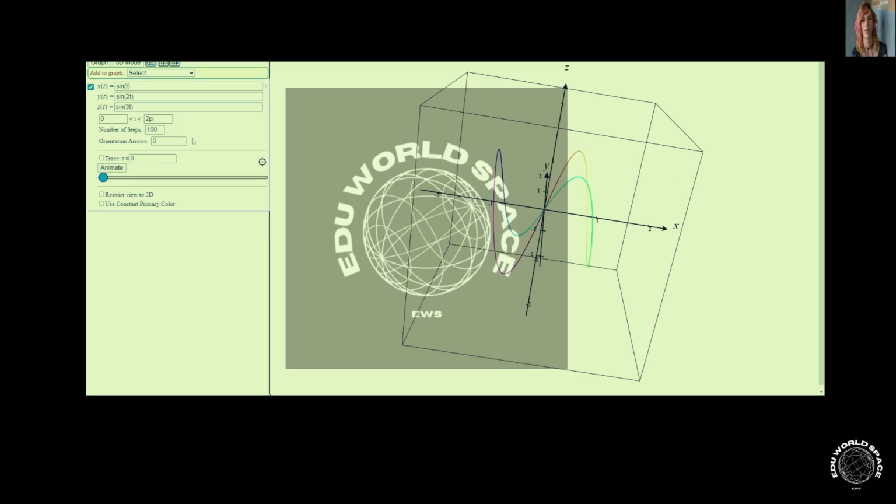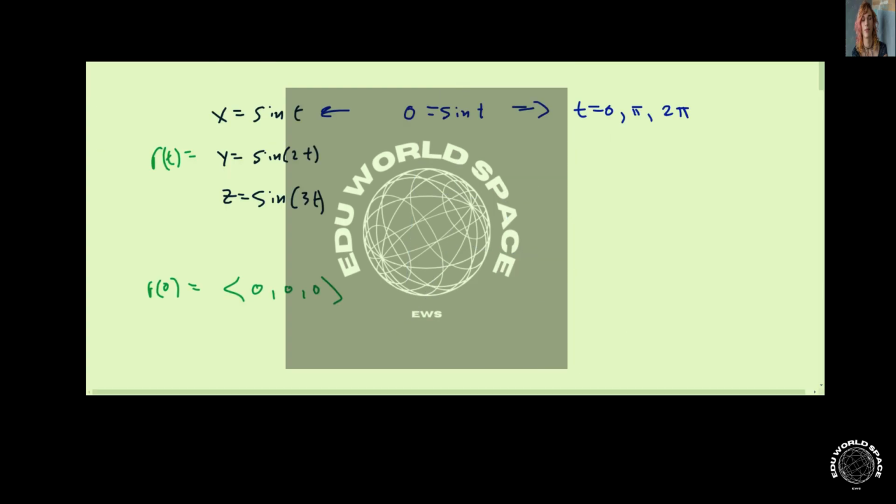So we have that. This means when we're integrating, because remember our arc length is supposed to be the integral from a to b of the magnitude of our derivative with respect to time.